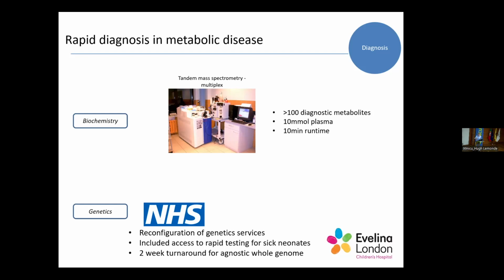So if we can justify that a child who's very sick might have a genetic condition that might change the outcome or management, then we can get this agreed in 2 weeks. But I'm aware that other centers and other research groups have done that sort of testing much more quickly, within even 24 or 72 hours.